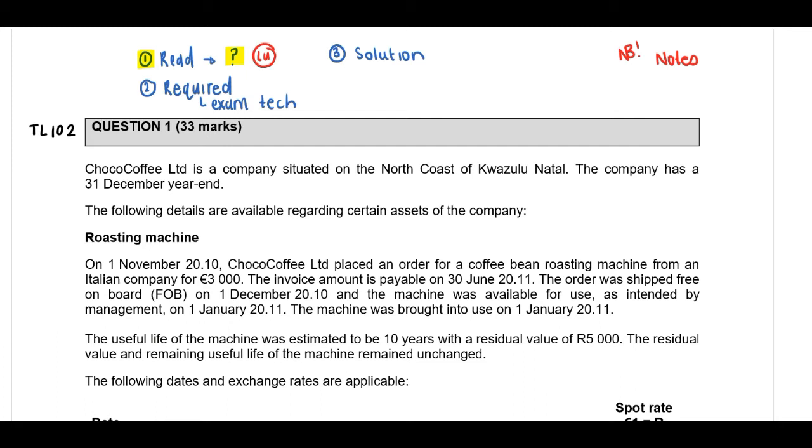Then when you read through your requirement, I'm going to indicate some exam technique principles, and when we look at the solution, also exam technique, and how to link your knowledge when you attempt the question. It is crucial, please make notes when you look at this video, because this will be your questions.